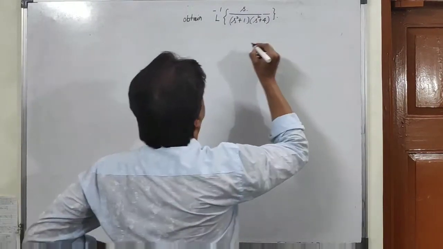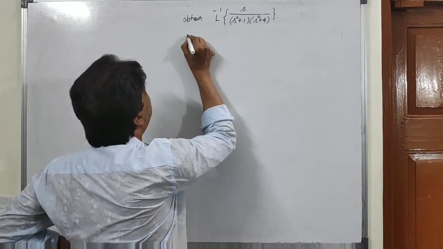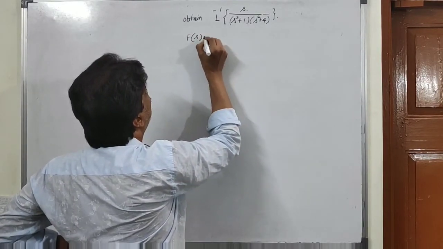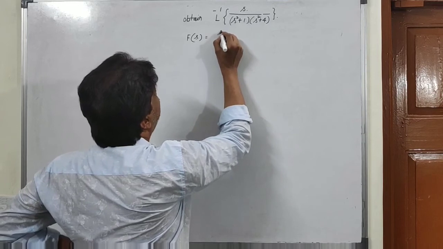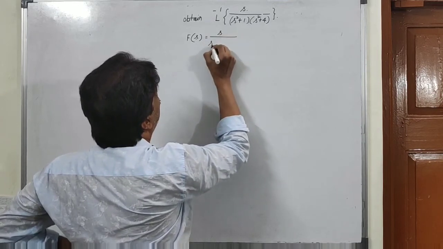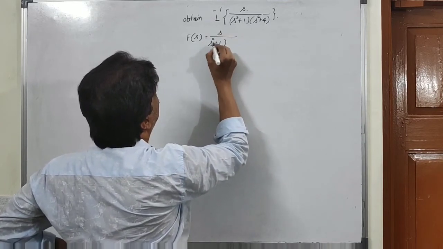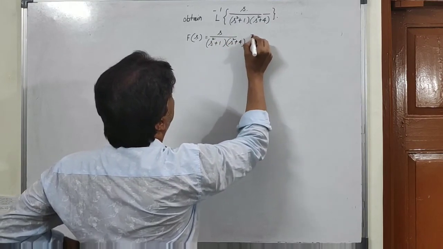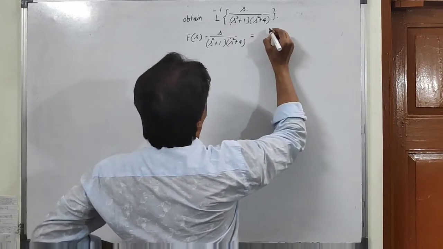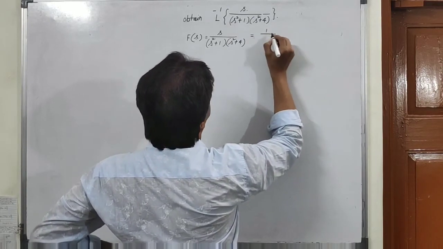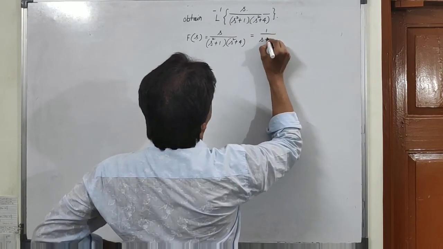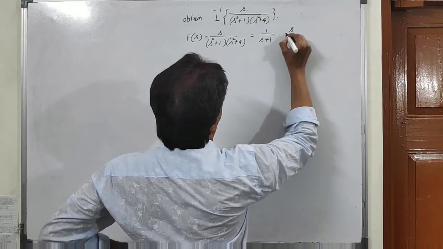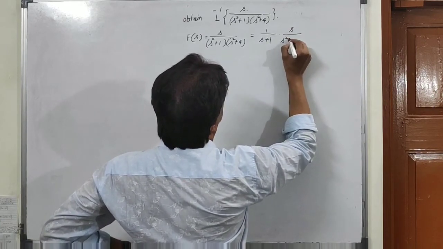So, L inverse f of s is s upon s square plus 1 into s square plus 4. That is equal to 1 upon s square plus 1 into s upon s square plus 4.